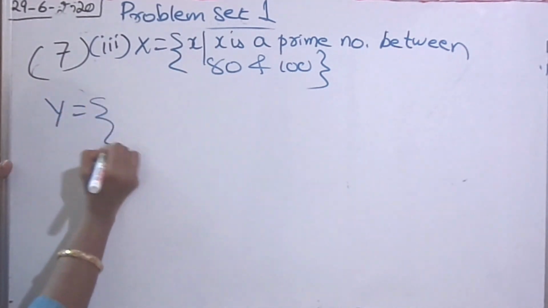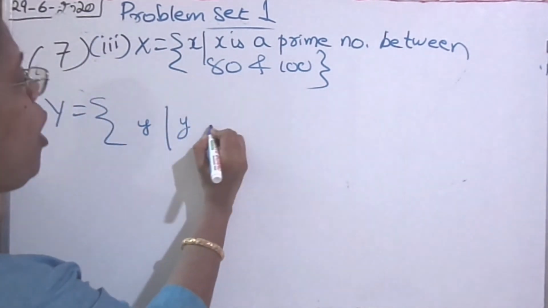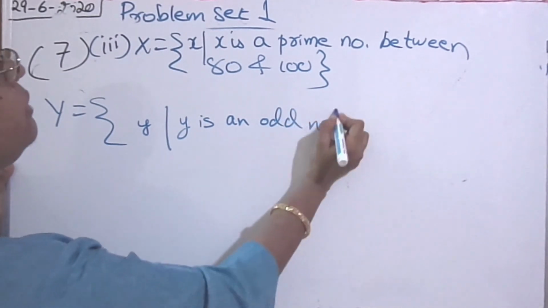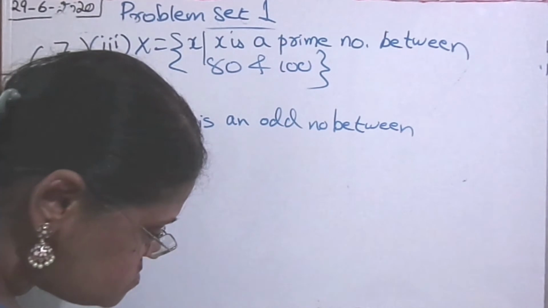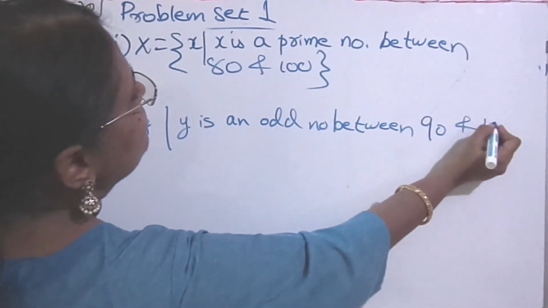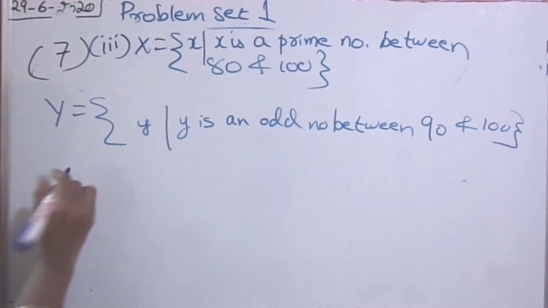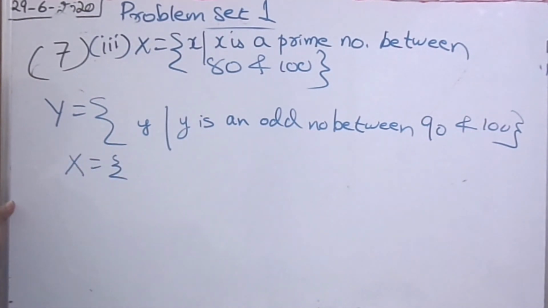Y is equal to {y such that y is an odd number between 90 and 100}. So let us list the set and then we have to find the union. X. X is a prime number between 80 and 100.